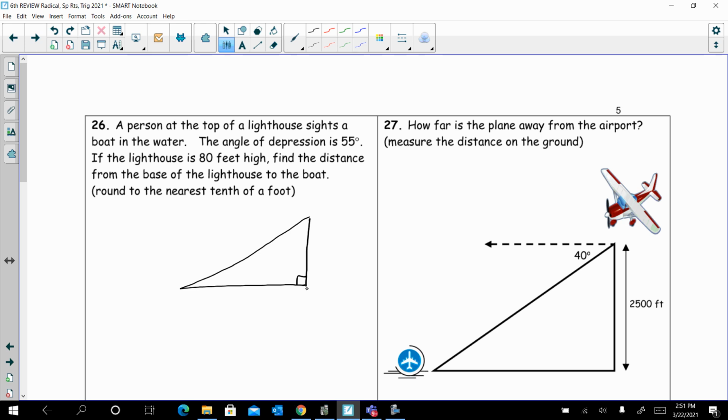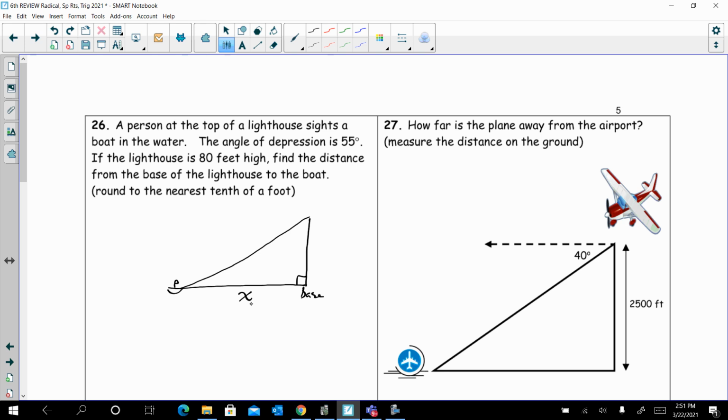The angle of depression is 55 degrees. If the lighthouse is 80 feet high, find the distance from the base of the lighthouse to the boat. The boat is in the water, and I'm talking about distance from the base. Base is usually at the bottom, right? So this is our boat somewhere here, and we're looking at that distance. We need to find that distance, so that's our unknown, x.